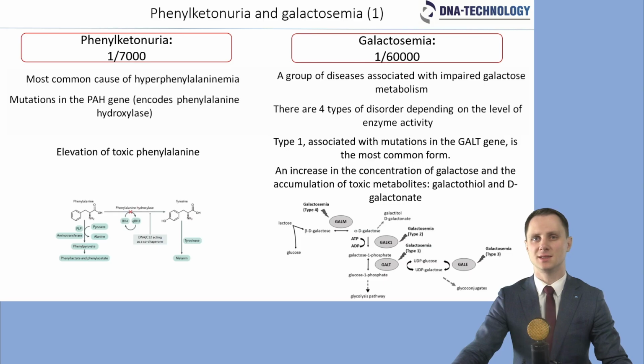In turn, galactosemia is a group of diseases associated with the violation of metabolism of galactose in the body. Mutation in the GAL gene causes the most common form of the disease, type 1 galactosemia, which is associated with the increase in the concentration of galactose and the accumulation of toxic metabolites, galactitol and D-galactonate.